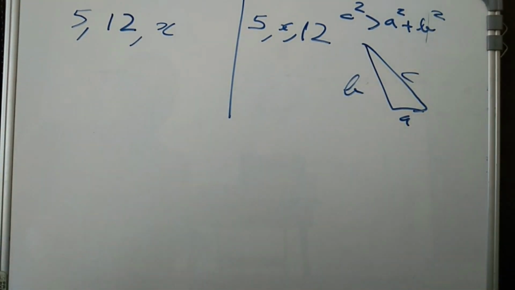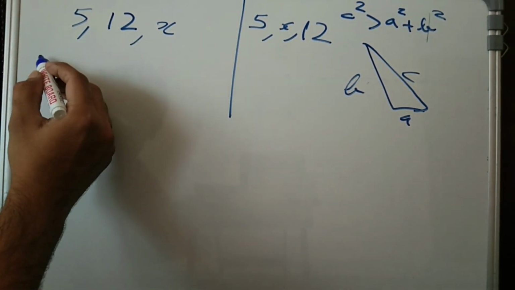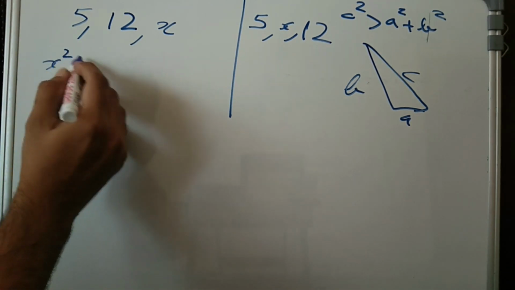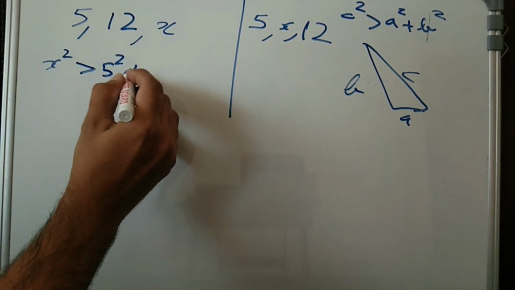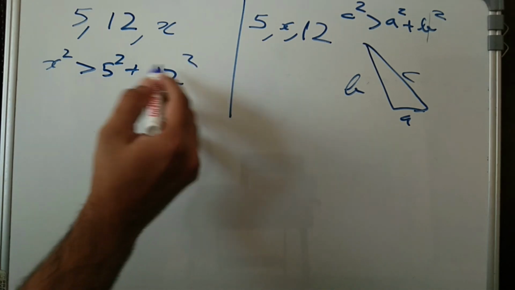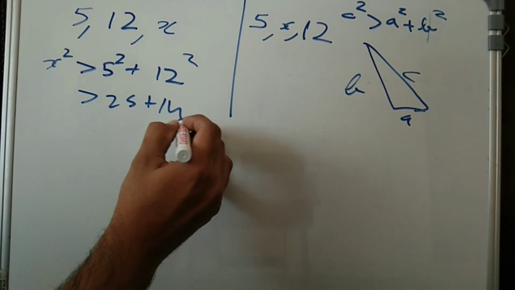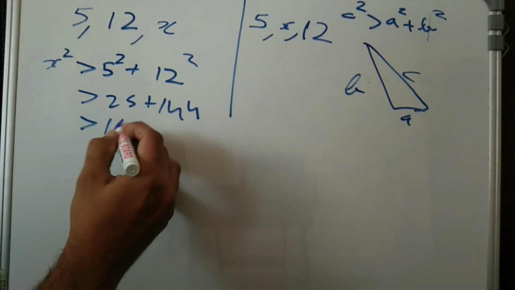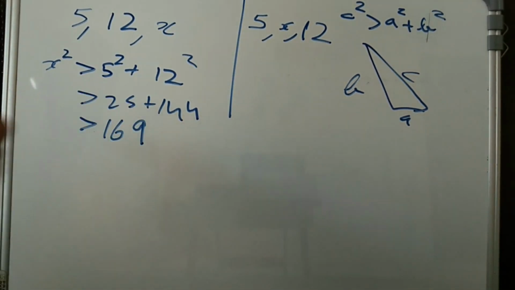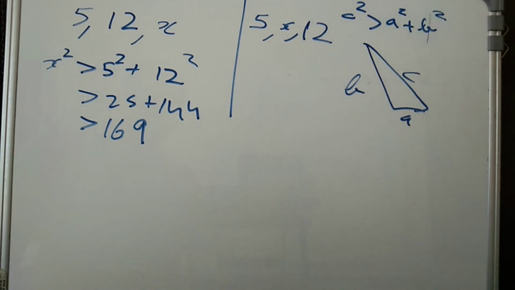So let's see the first case. If x is the longest side, then according to the property, x square should be greater than 5 square plus 12 square. Then x square should be greater than 25 plus 144, which is 169.